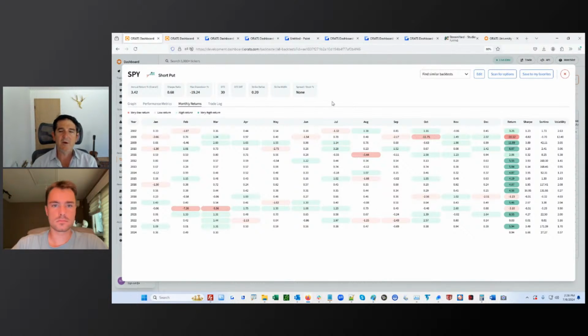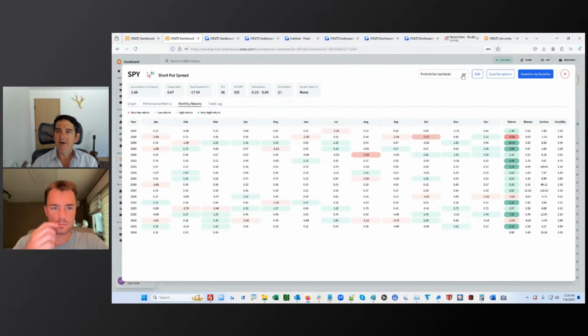And then finally, we've talked about this, so I'm going to save this to my favorites, and then I'm going to find similar backtests. We won't have exit triggers.